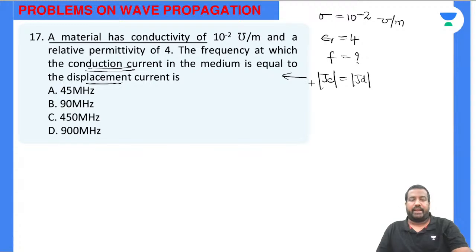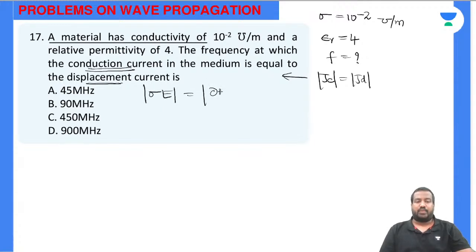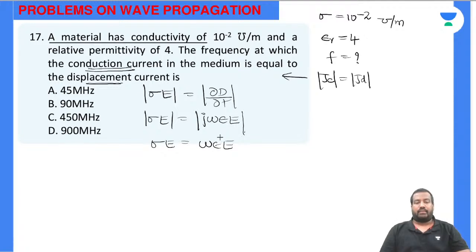In any given medium, when JC is equal to JD, JC is conduction current density, sigma E, JD is displacement current density, dou D by dou t. Mod of sigma E is equal to mod of dou by dou t, j omega D, where D is epsilon E. So mod of sigma E is equal to omega epsilon E. E gets cancelled.